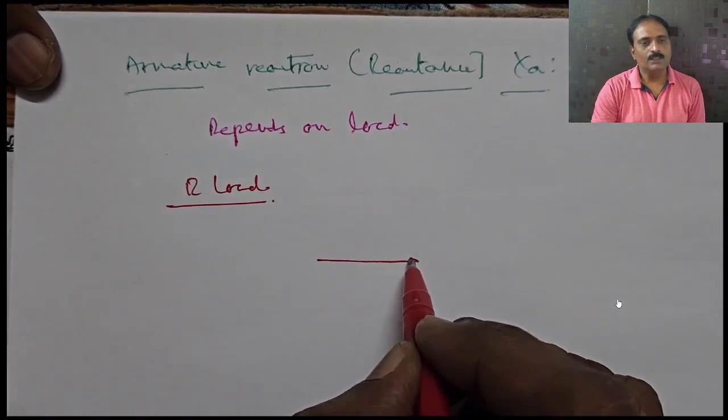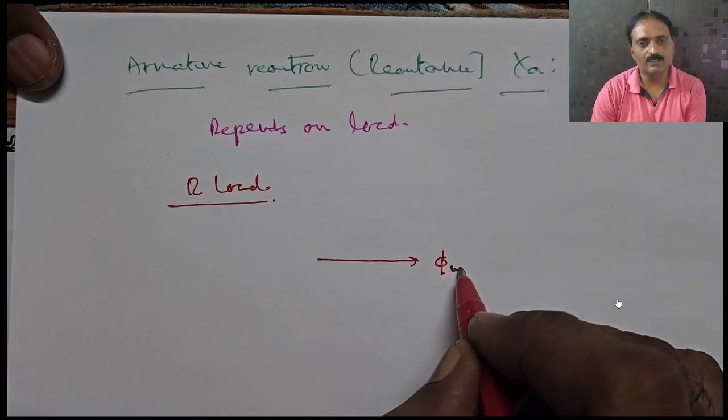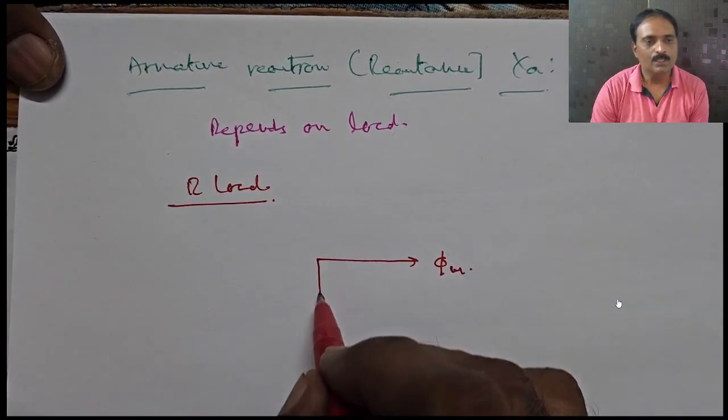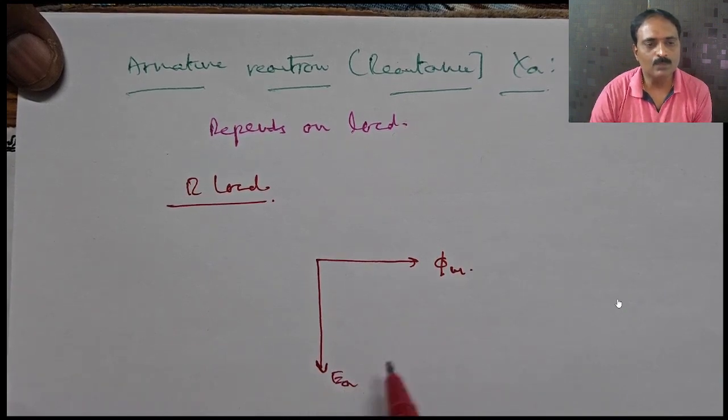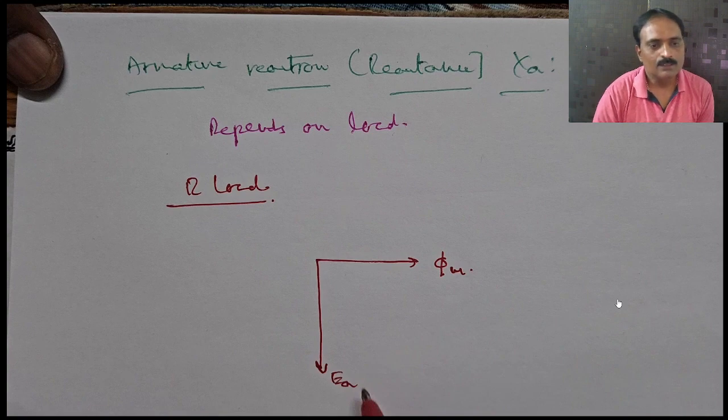So this is the main flux which is established in the space, represented by phi m, and as you know, the EMF induced will always be 90 degrees lagging with respect to the main flux because, according to Faraday's laws of electromagnetic induction, it is d phi by dt of the flux. So obviously if flux is sin theta, the EMF induced will be cos theta, which is going to have a phase lag of 90 degrees. So this is universal. Always the EMF induced is going to lag behind the corresponding phase flux by 90 degrees.